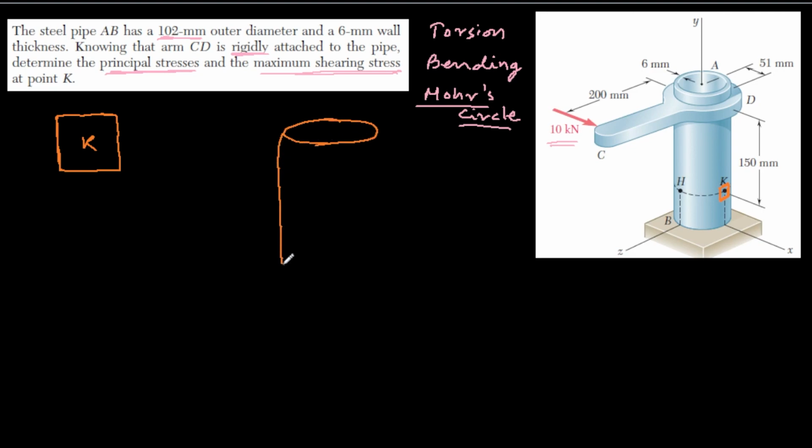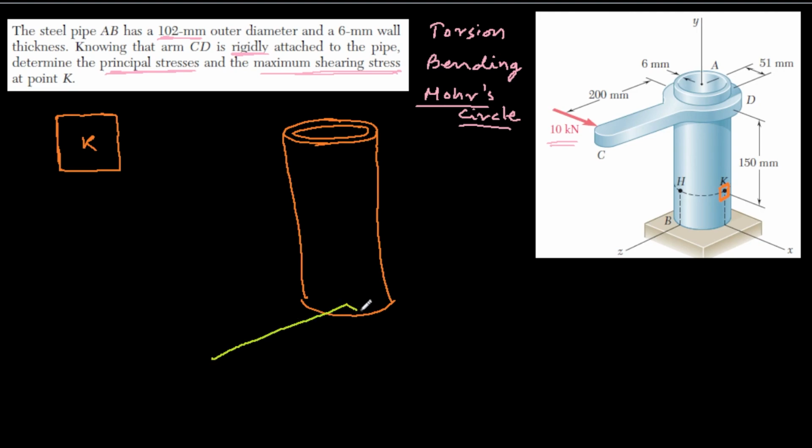Suppose this is the tube. Let's say this is my z, this is my x, and this is my y-axis. Once I transfer this force, the 10 kilonewton force will still act in the x direction.